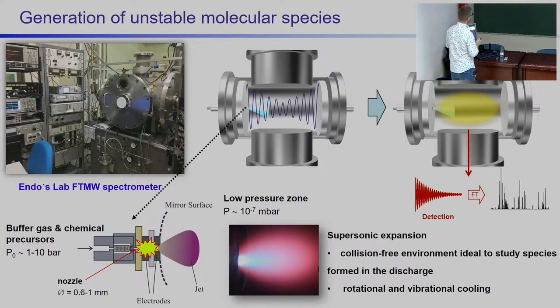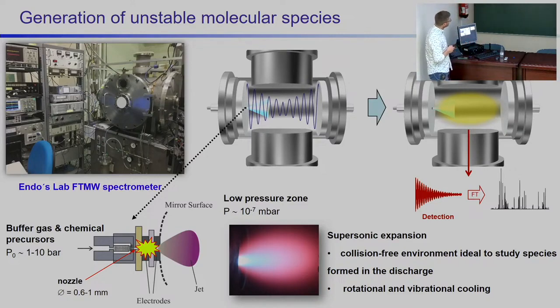The experimental sequence starts with a gas that crosses this region. The gas passes through a very small nozzle or hole with less than 1 millimeter of diameter.